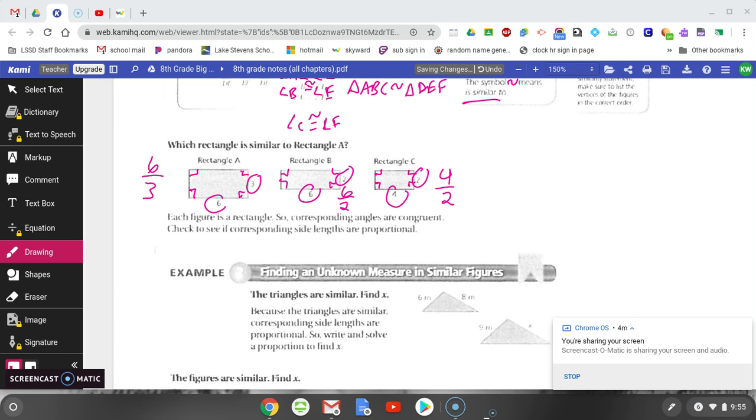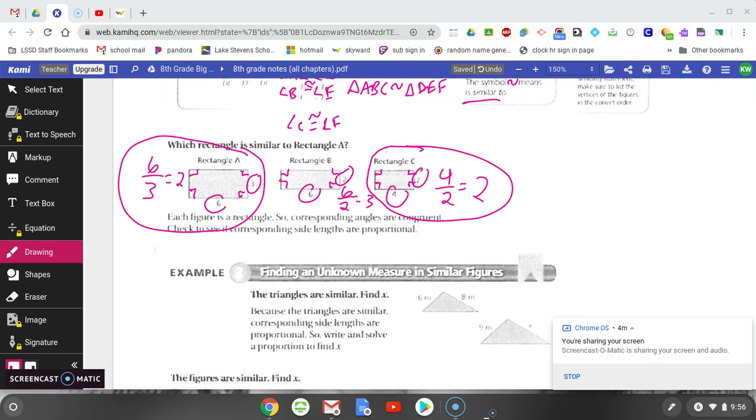Well, 6/3 simplifies to 2, 6/2 simplifies to 3, and 4/2 simplifies to 2. So which of them are similar? Well, rectangle A is similar to rectangle C. So I can use words and say rectangle A, not congruent, is similar to rectangle C. Rectangle B is not similar.